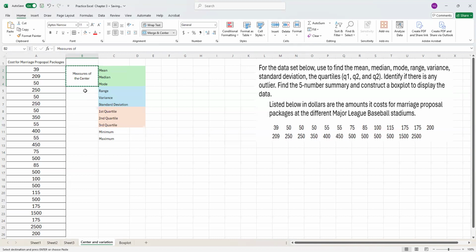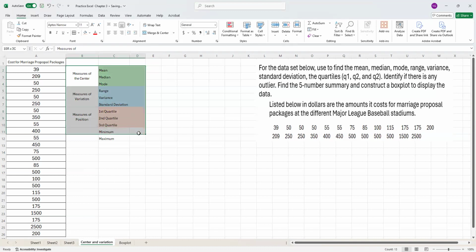If I copy this and put it here, I can say measures of variation. Or if I put it down here, we can call it measures of position. So we have these three measures of position. When they ask you to find these three, you can use Excel to find them. There is a formula for each of these.